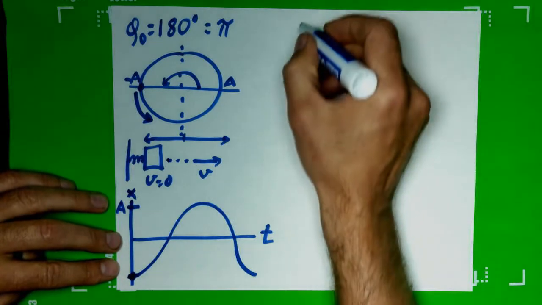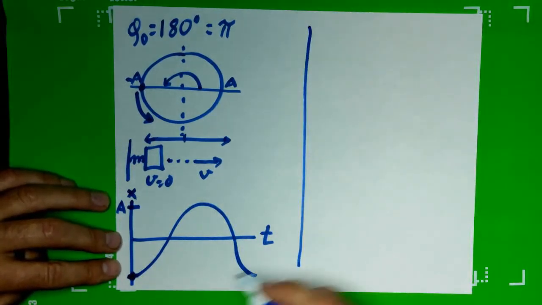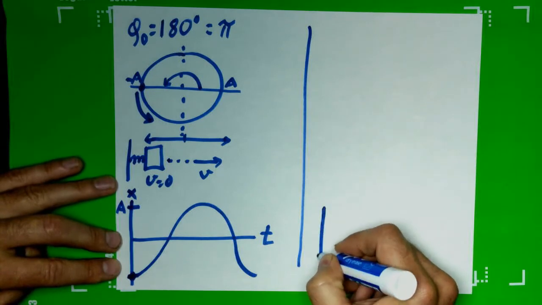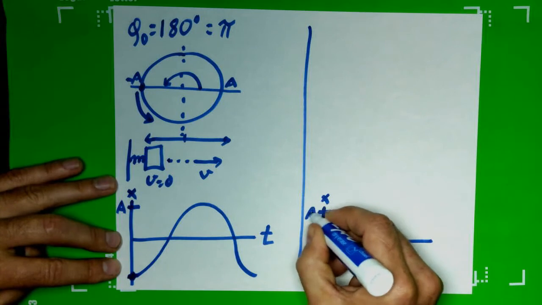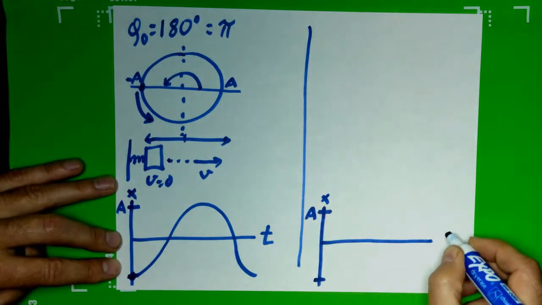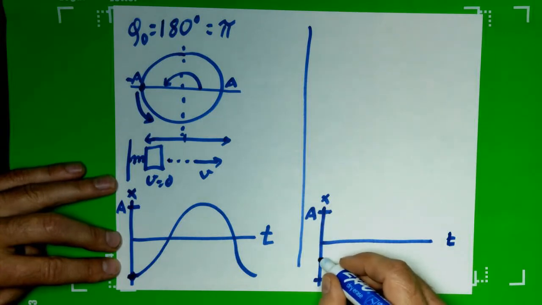Okay. Let's try a different example. Let's go the other direction. What if my graph, with positive amplitude here, negative amplitude here, here's my time, what if my graph started something like this?